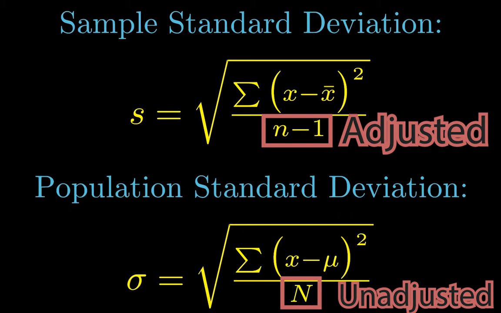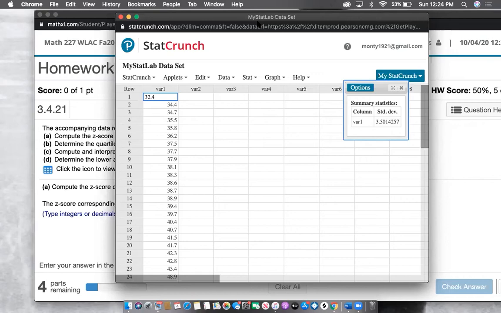In the sample they divide by n minus 1, but in the population they just divide by n. I don't want to go deep into that, but just try to memorize that the sample one is the regular, default one, the sample standard deviation. You have to read the question carefully and figure out if it says population or just sample.